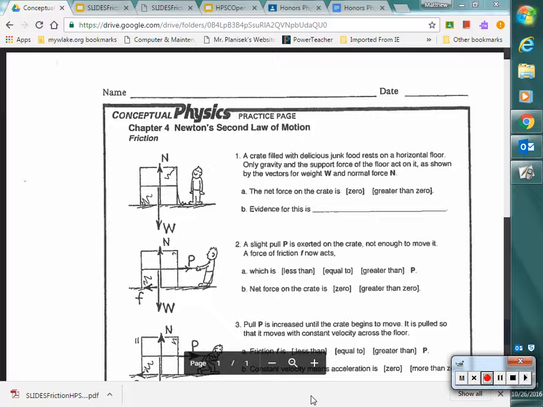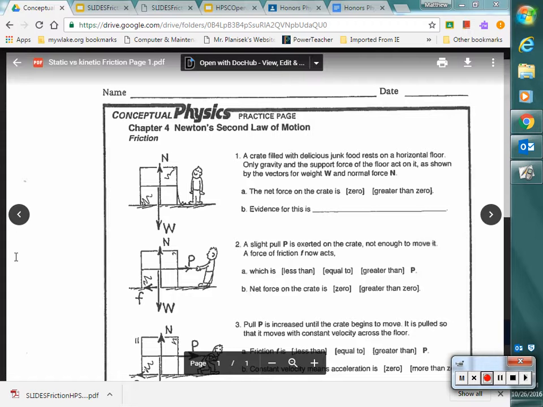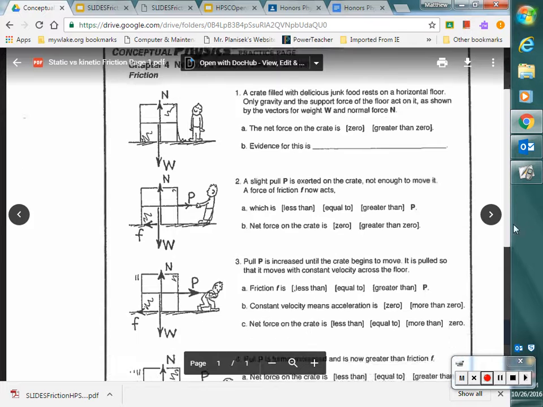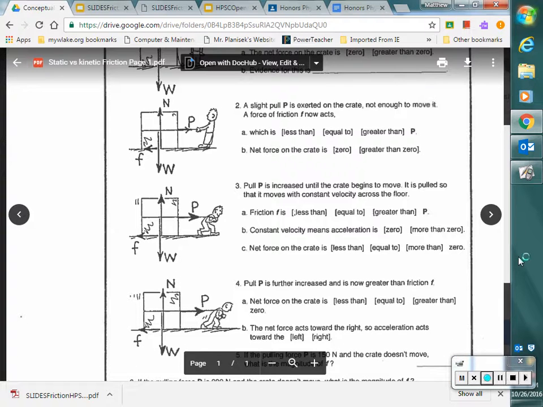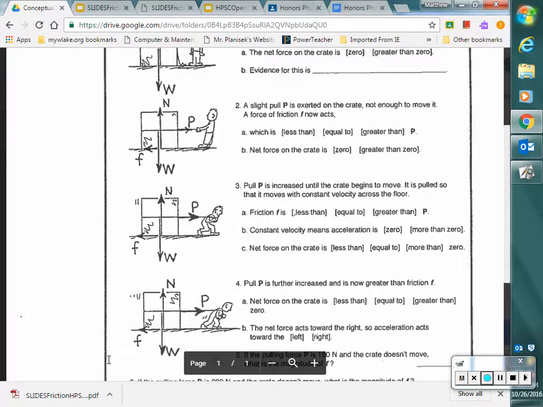All right. Question number 2. It says a slight pull, which is labeled P, is exerted on the crate, but not enough to move it. So it's a heavy crate. Guy pulls on it, and nothing happens.